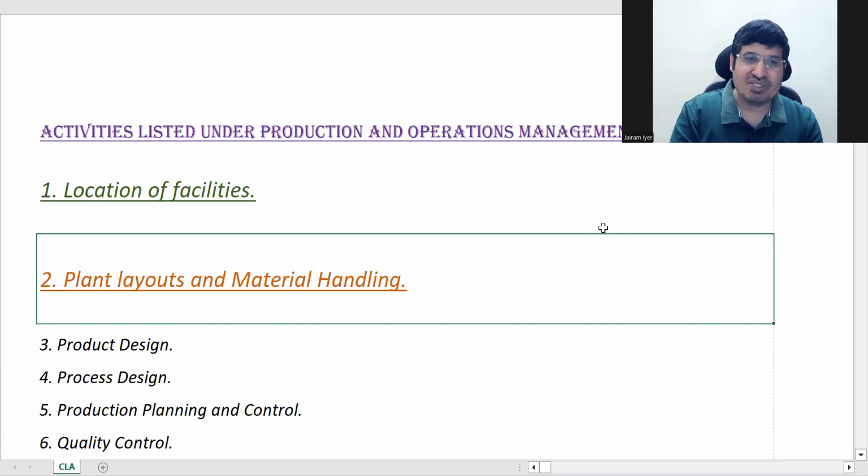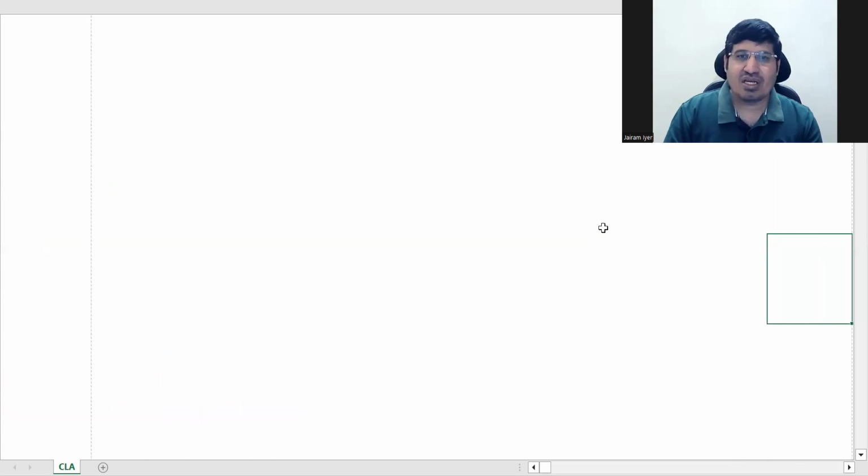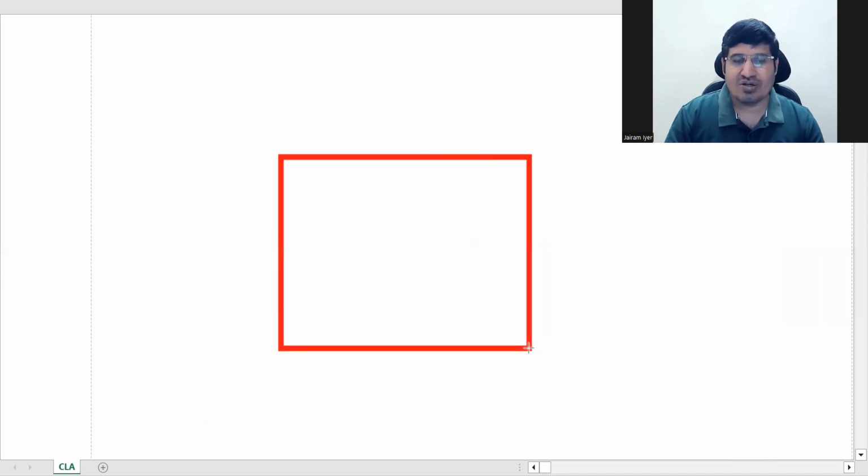After location, you will see the layout. Layout means how you set up the factory floor. In location, you looked at which climate will be good for your factory and decided this area is good. This is the location you have chosen.